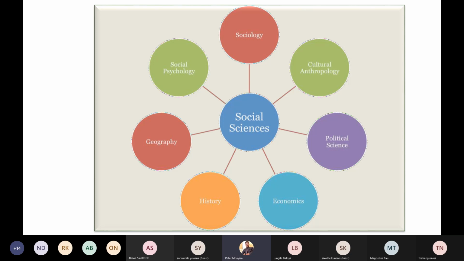Because we are studying humans, humans may act in different ways. That's why we say, since they act in different ways, let's zoom out and look at general noticeable trends and patterns in society.